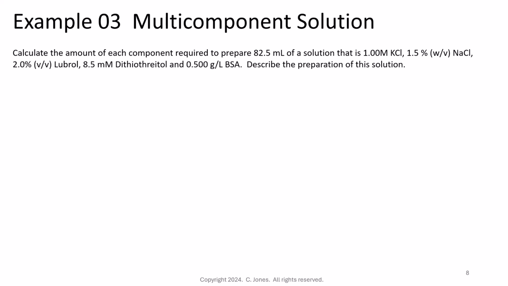So that's dithiothreitol. It doesn't smell very good, so a lot of times people use dithiothreitol in the chemical fume hood. Dithiothreitol comes as a solid powder. And then BSA, very similar to gamma globulin, but BSA is much cheaper, much more abundant.